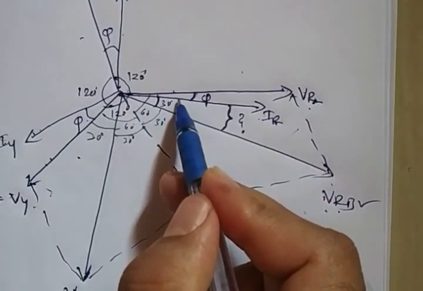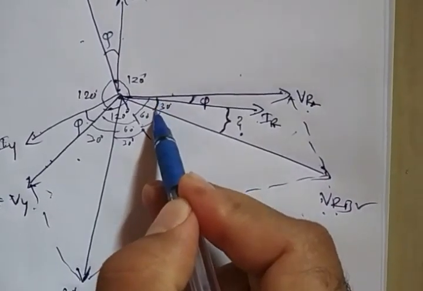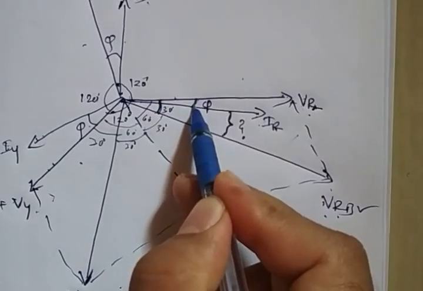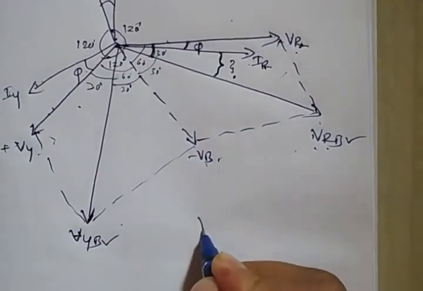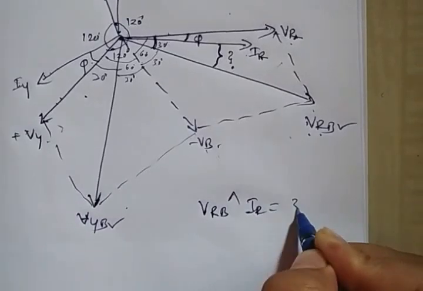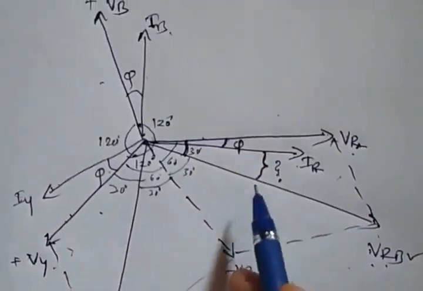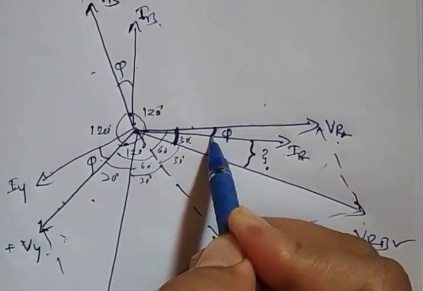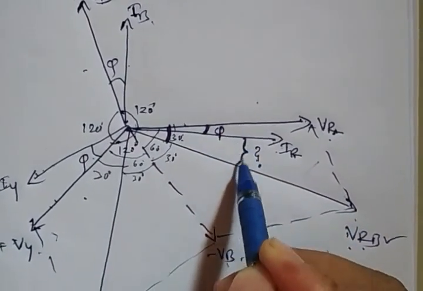This is exactly 30, this is phi. So 30 minus phi, you will get this angle. So here I can write the angle between VRB and IR is 30 minus phi from the phasor diagram, because this is 30 and this is phi.